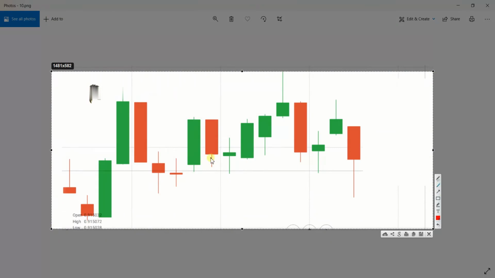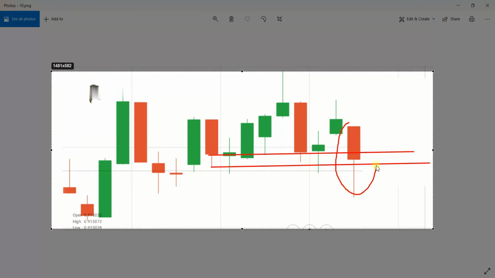Okay, you can see again this level. As I told you, the levels are areas, and you can see the candle closed between these two lines, so it is at the level, and you can see very strong rejection from the buyers.